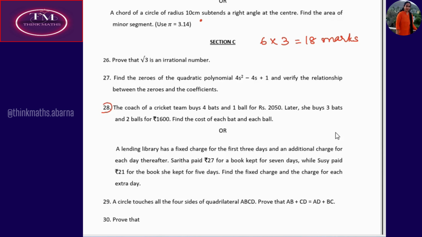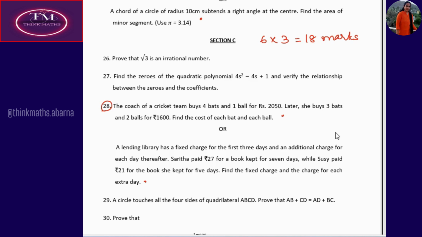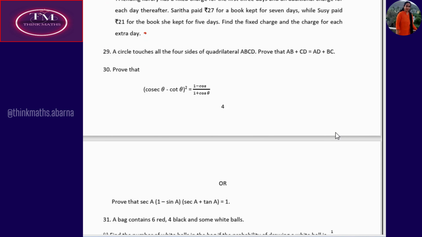In 28, you have internal choice: you can answer either the coach of a cricket team question or the lending library question. 29 is compulsory. In 30, you have internal choice. This is a trigonometry based question: you can answer either the cosecant minus cos theta whole square problem or the secant A into 1 minus sin problem.